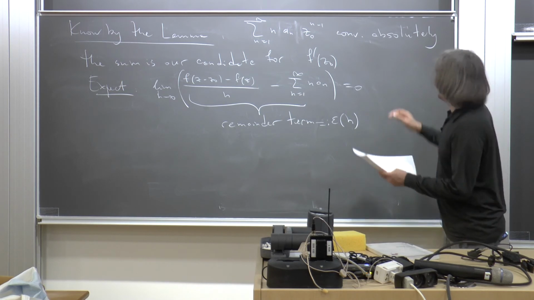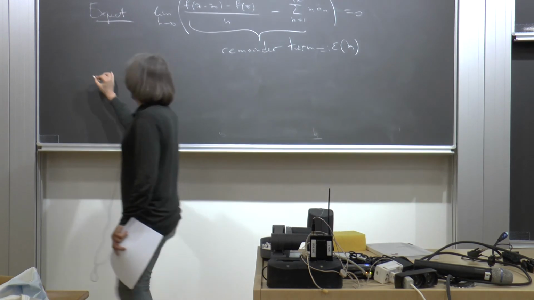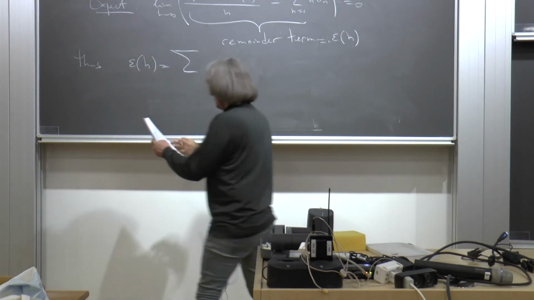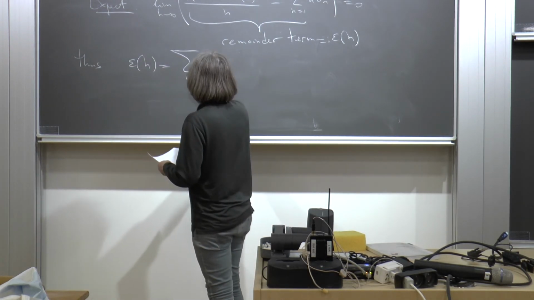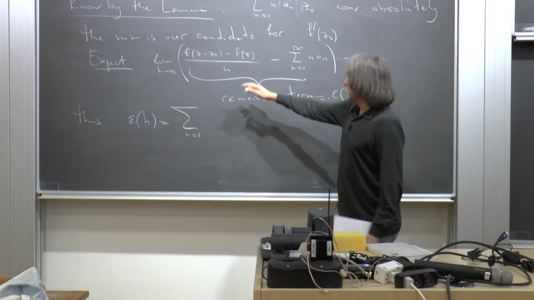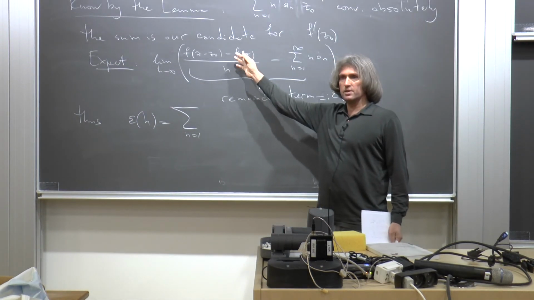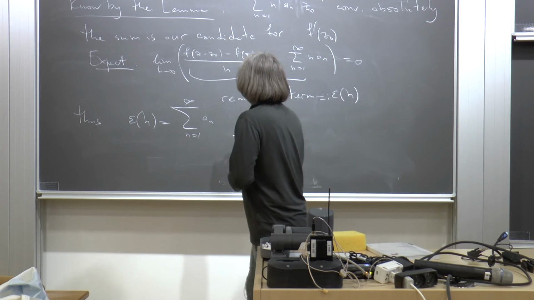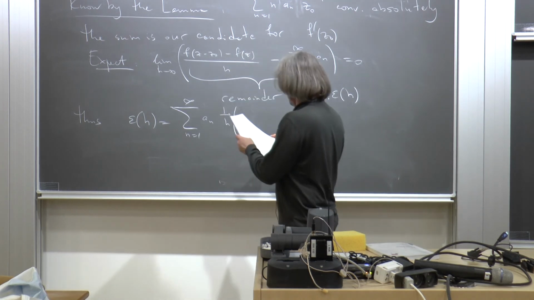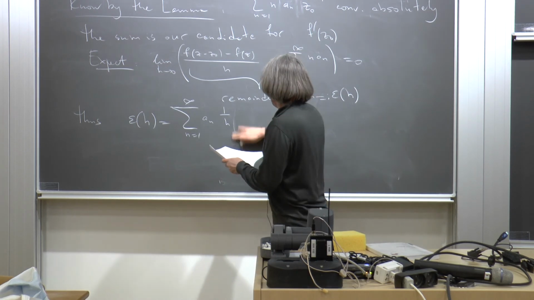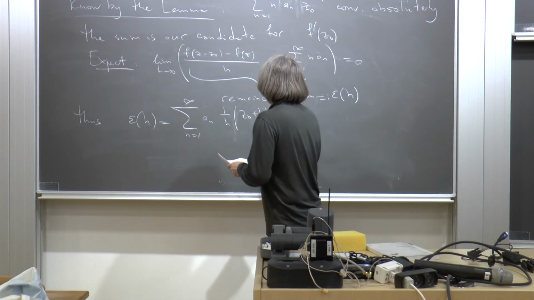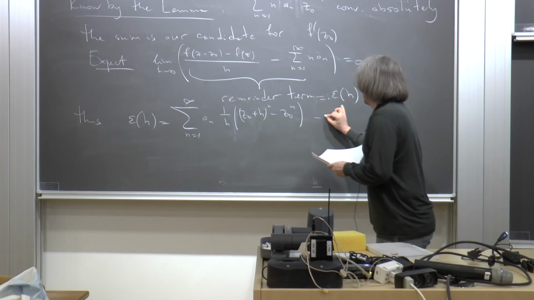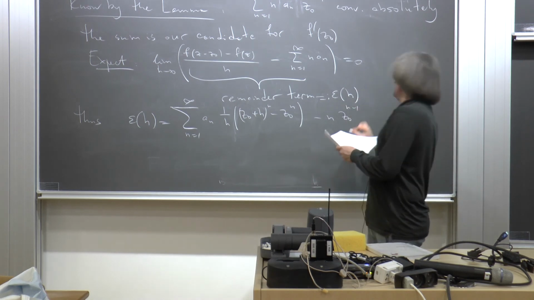And so let me write carefully what it is. This epsilon of h is the sum, n equals 1 to infinity, because definitely constant terms just canceled out, so there's nothing to discuss, of a_n times 1 over h, (z naught plus h) to the n minus z naught to the n, minus n z naught to the n minus 1.